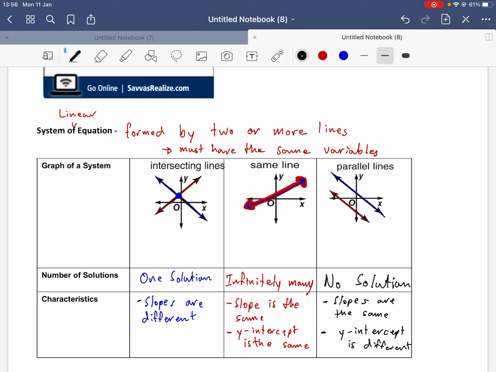Okay, so those are our three different types of scenarios. This entire chapter is looking at systems of equations, and we're going to have these three different types: intersecting lines, same line, or parallel lines.